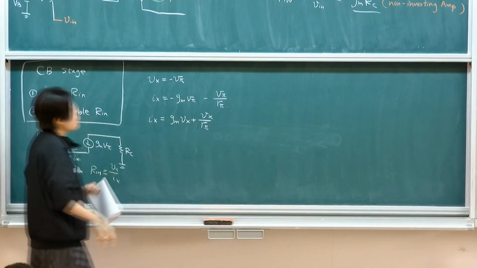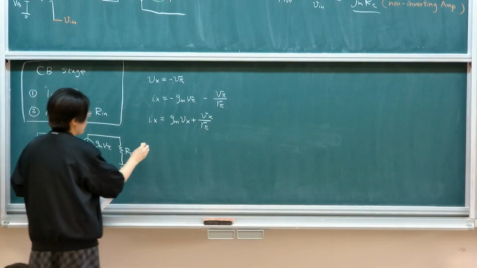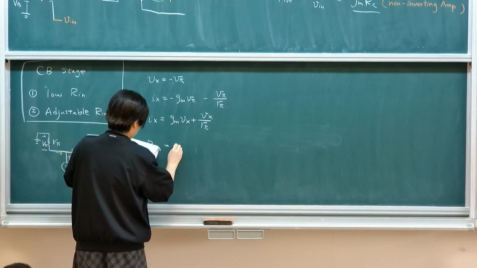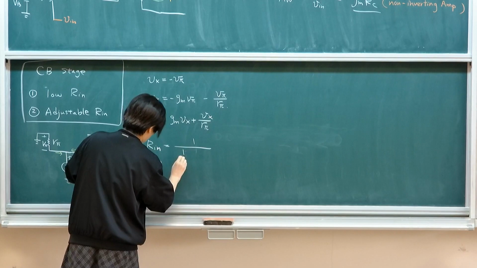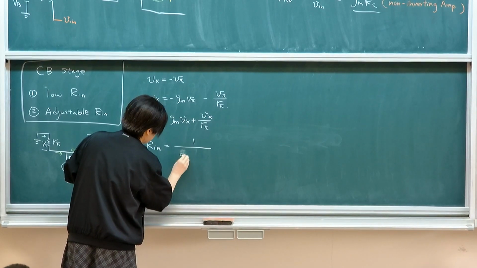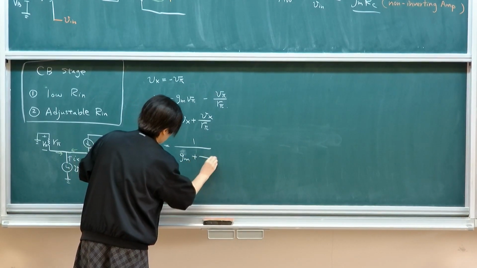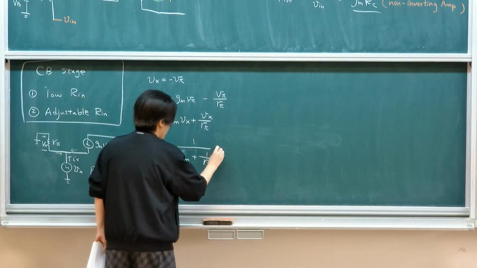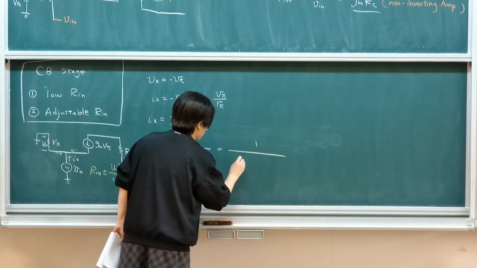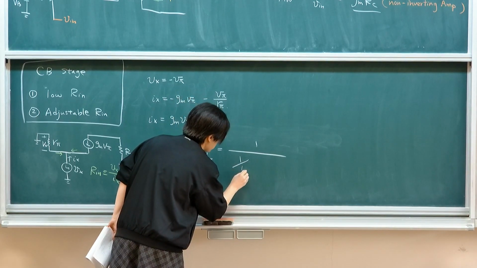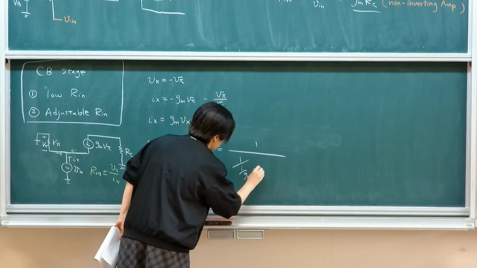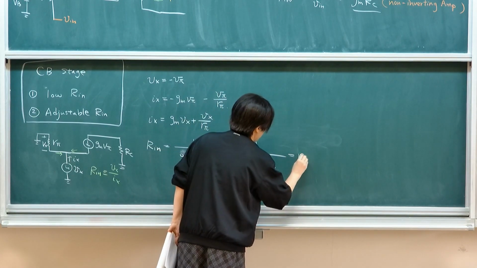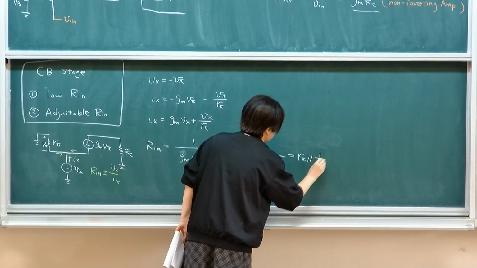This minus Vx in. So by definition, my Rin will then become 1 over gm in parallel with R pi. So if you rewrite this equation, it will be simply R pi in parallel with 1 over gm.